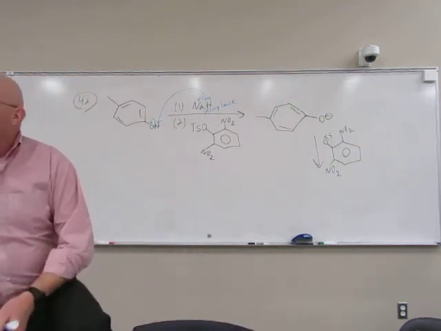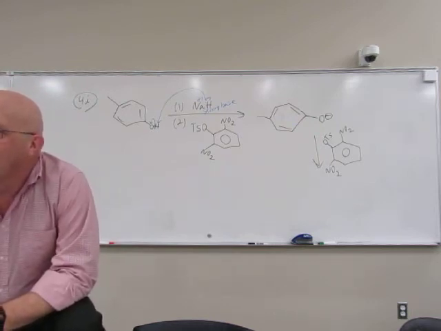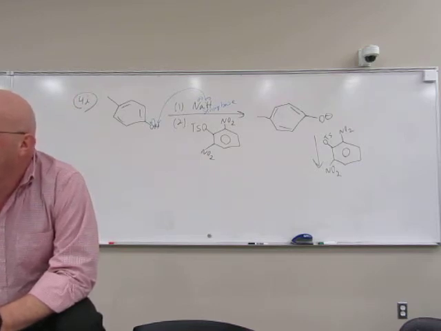Tosylate, mesylate, and triflate. Remember that? What do we know about those? Nope, that's TBS. TBS is a protecting group. Tosylate, mesylate, and triflate. Why did we put a tosyl group on, or a mesyl group, or a triflate group?